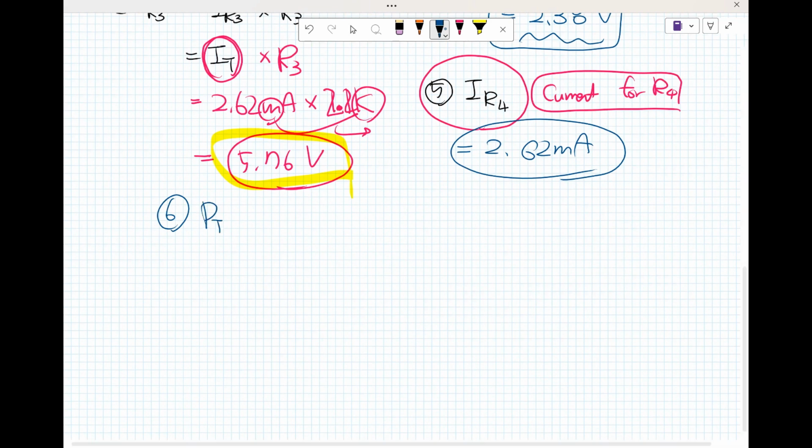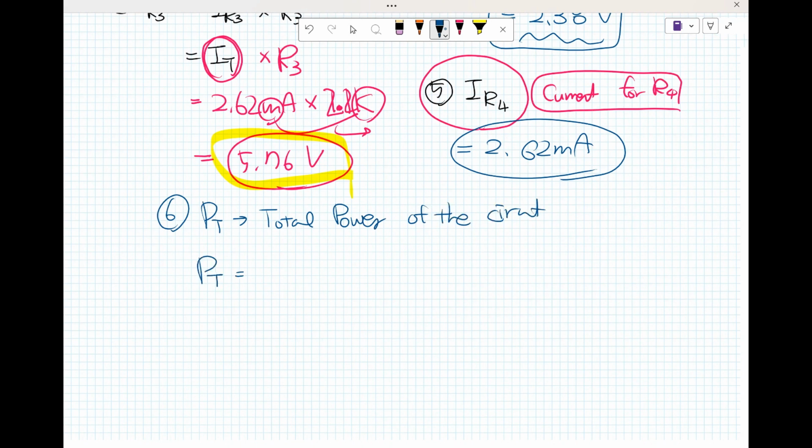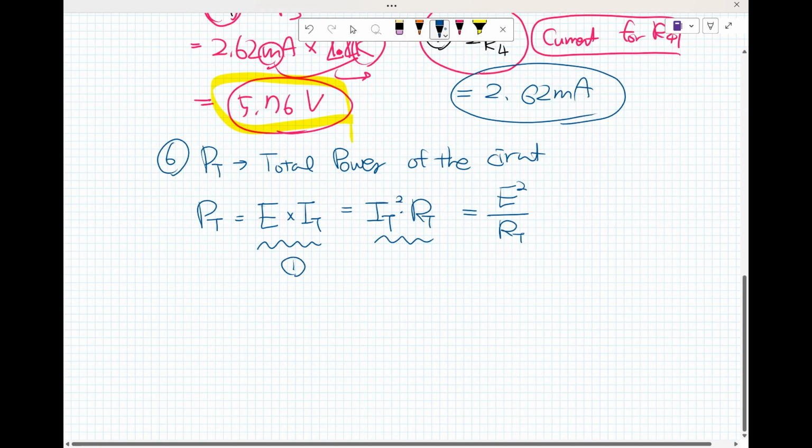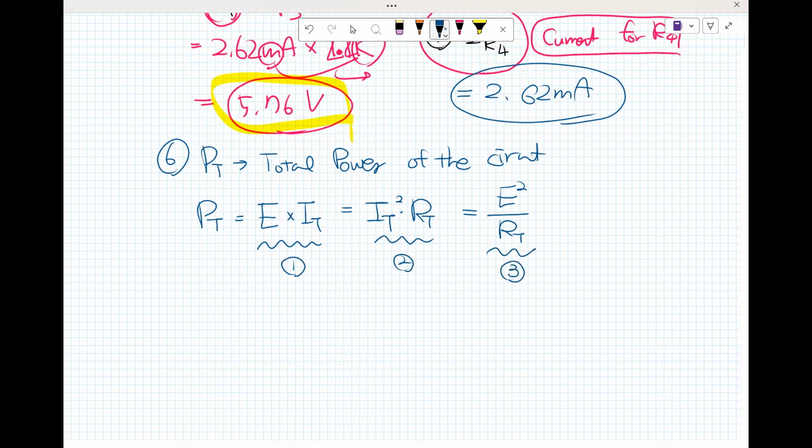Now, number 6. What is the total power of the circuit? The total power is E times I sub T, or I sub T squared times R sub T, or E squared divided by R sub T. You can choose any formula.